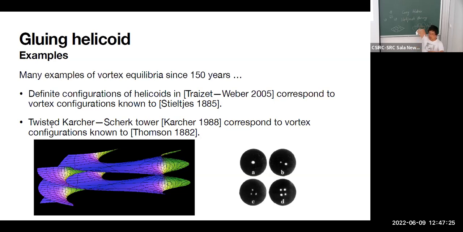You have a big magnet there, and you have magnetic disks there, and you manage to keep the magnets stationary. And that's how they did experiments. And the mathematical analysis was done by Thomson.